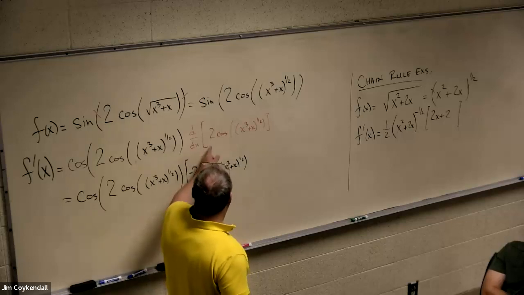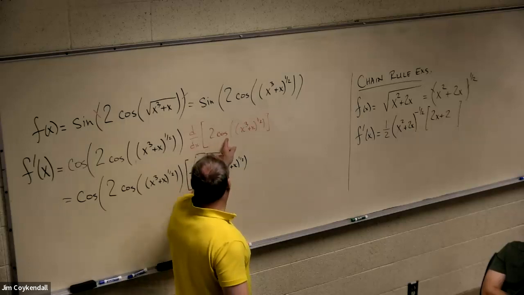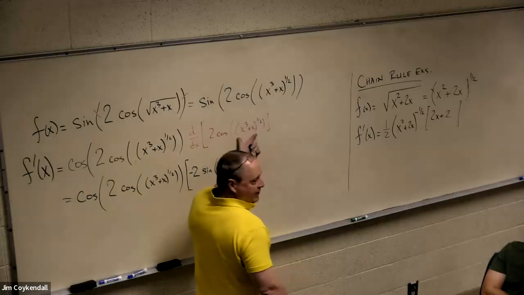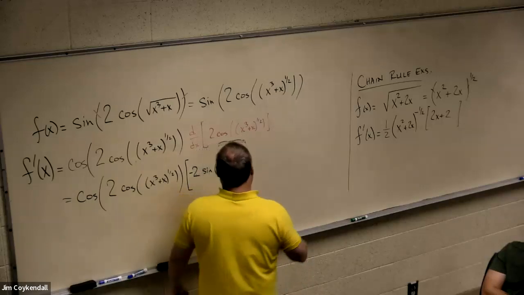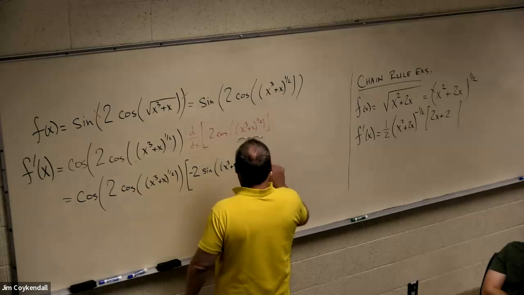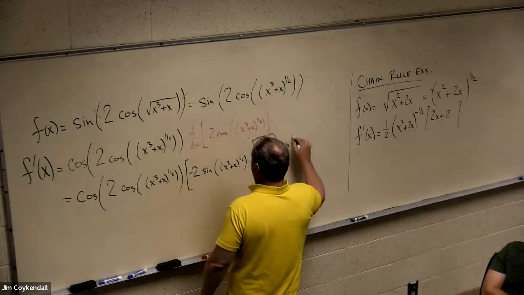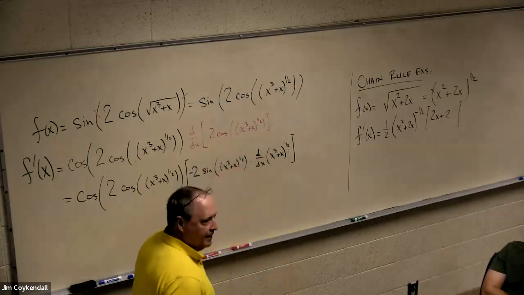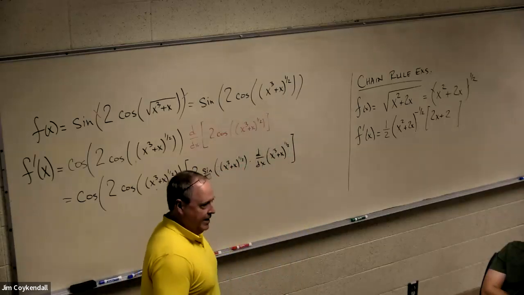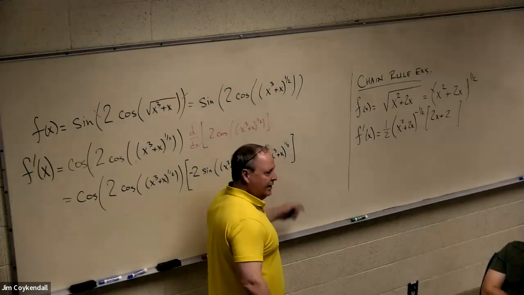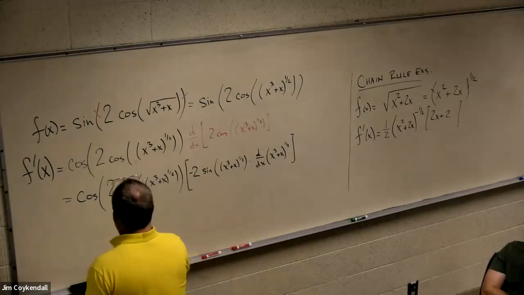Right? The derivative of this is 2 minus 2 sine blah times the derivative of blah. Again, this is right. I'm going to try to finish this off in one step.